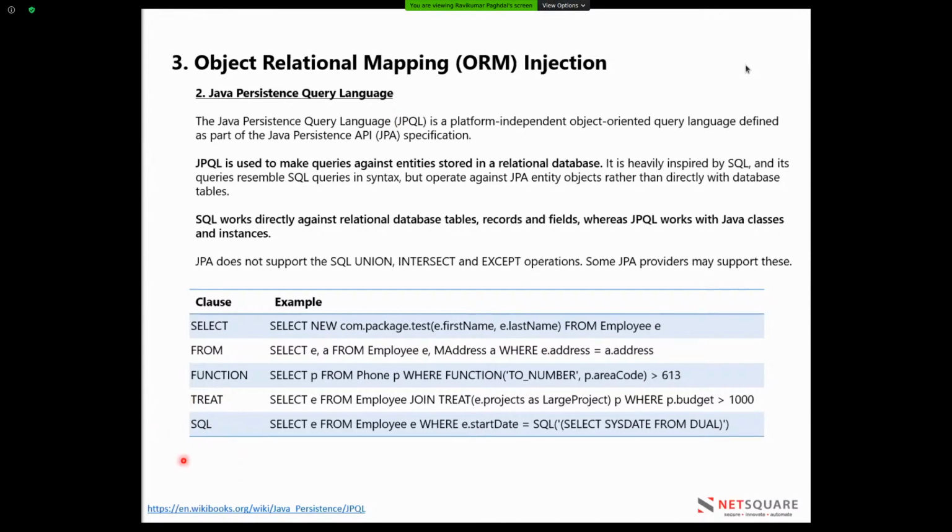It's called SQL. So if you want to execute or work with a dual table in Oracle, the dual table is not supported by JPQL, right? A syntax not supported by JPQL. So with the SQL function provided by JPQL, once we put our SQL statement in the SQL function, it will treat it as an SQL string, SQL syntax.